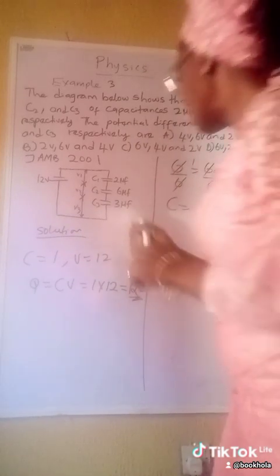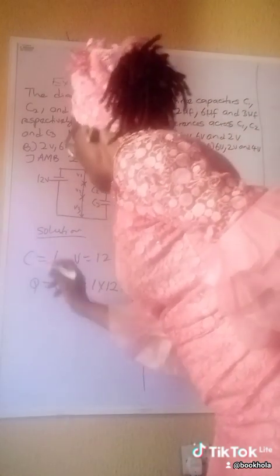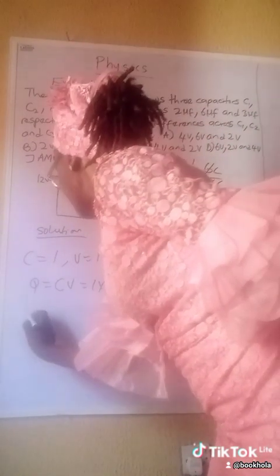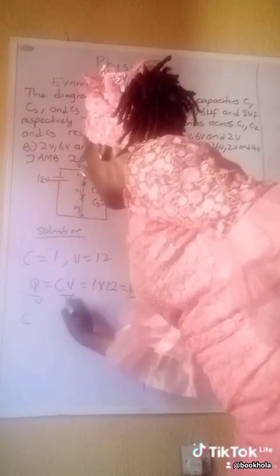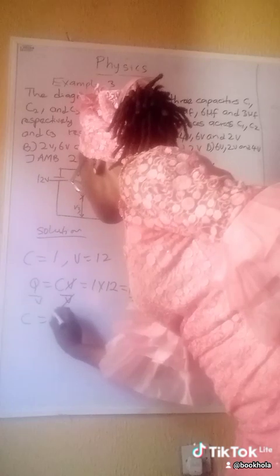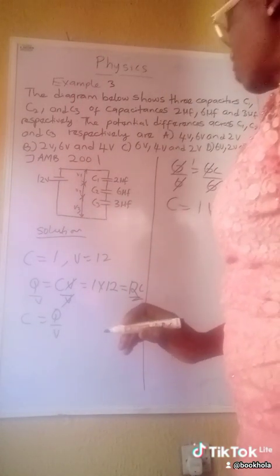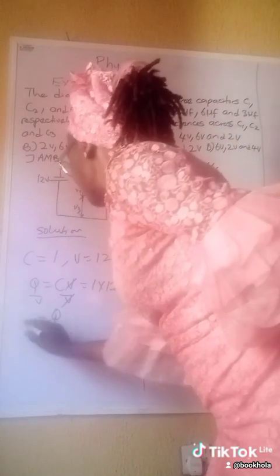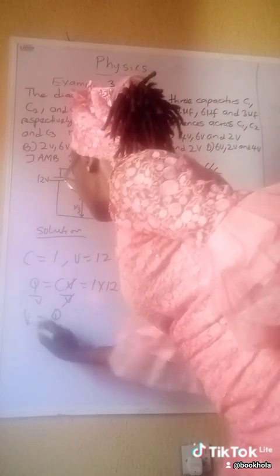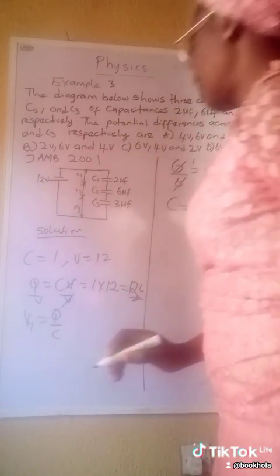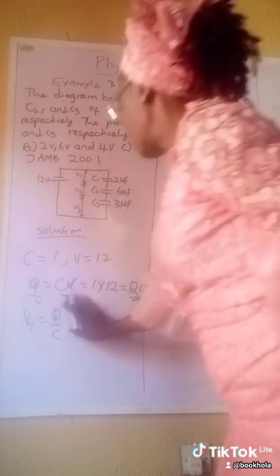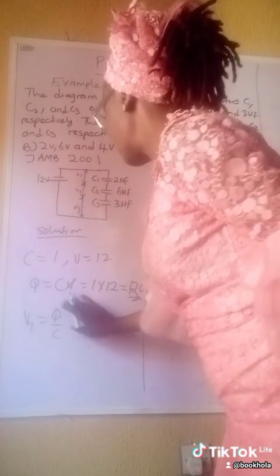So let's do this. From this formula, if you make C the subject of the formula, divide both sides by V, you have C is equal to Q all over V. Actually, we wanted to make V the subject of the formula.